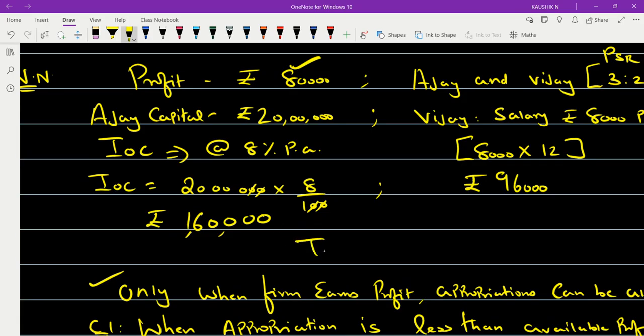Okay. What is the total appropriation? There are only two items. One is interest on capital, which is for Ajay, 1 lakh 60, and the salary of 96.